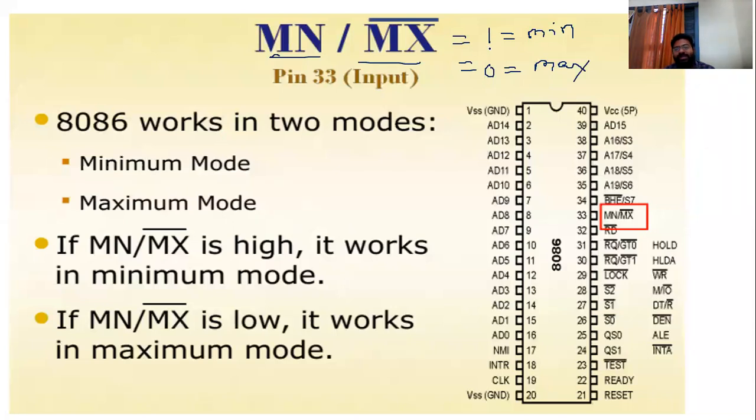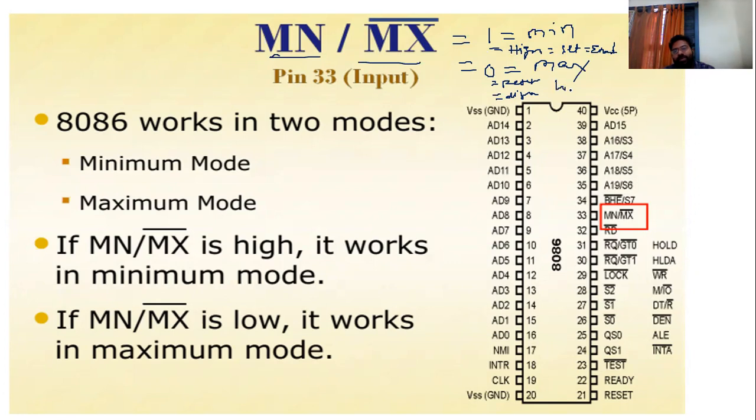So 1 is nothing but high, or set or enable. Different names are there. If it is 0, it is nothing but reset or disable, whatever it may be. If it is equal to 1, high, it is minimum. If it is equal to 0, it is the maximum, nothing but low.